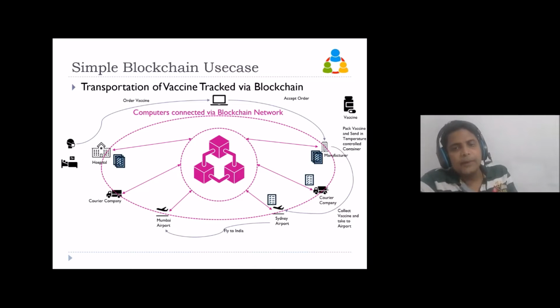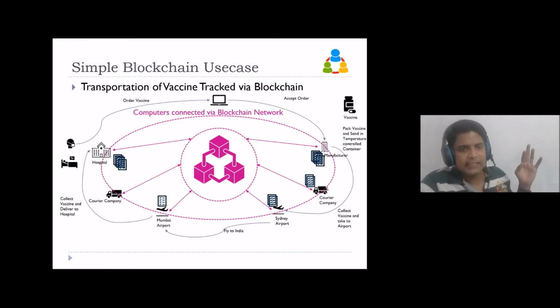Once it is flown to the airport in Mumbai, and the Mumbai airport says that I have received this consignment, it immediately writes onto this blockchain network, and the moment it writes, it is updated at the hospital, the manufacturer, the courier company, the city airport, all the people who are involved in that particular consignment. They will all get updated saying that it has now reached Mumbai airport.